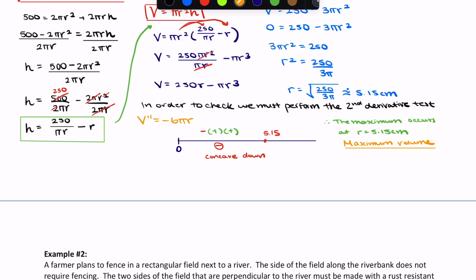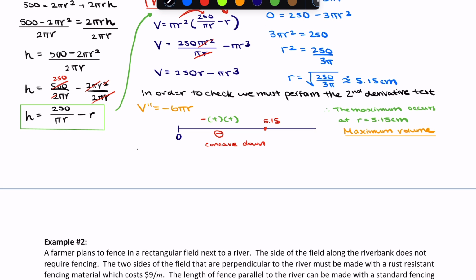Okay, so now we're going to sub that back into our equation. So we have V is equal to 250 r minus pi r cubed, and we'll sub in our value of 5.15 to find what value gives us the maximum volume. So if we sub it in, we get 250 times 5.15 minus pi times 5.15 cubed.